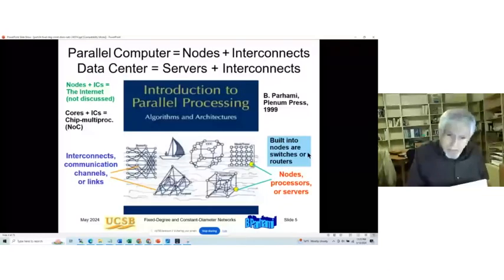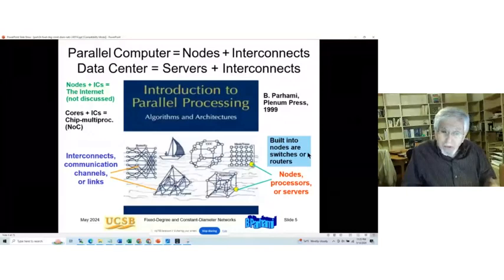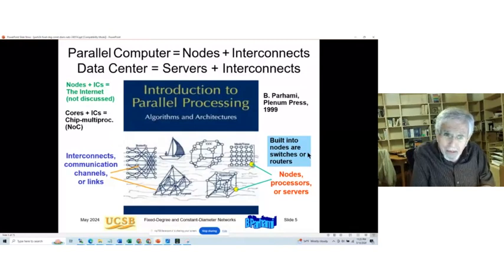Now, a parallel computer consists of nodes and interconnects. Data center networks also consist of servers and interconnects. So there's a lot of commonality between parallel computer interconnection networks and data center interconnection networks. In fact, fundamentally, the internet is also the same. It's a bunch of nodes and interconnects.